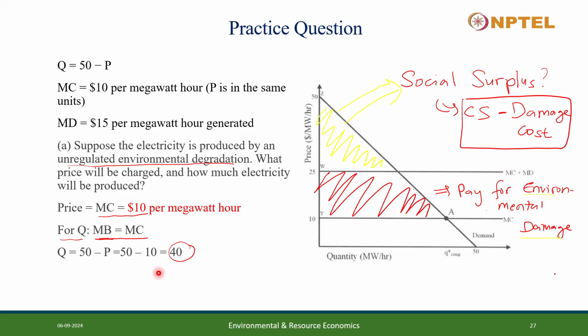From here we have drawn both cases. When there is no regulation, the quantity produced is Q comp. This Q comp value will be 50 minus P, where P is 10, so we get 40. So this is the higher production when there is no regulation on the environment.